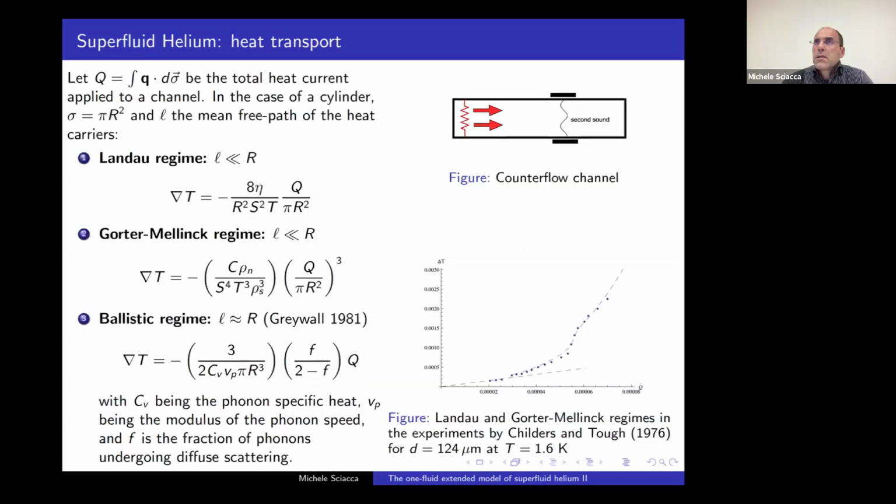Just to go back in the past, in the last century, there were experiments made in a channel. In this channel, on the top right, you see a channel with radius r. If you apply a heater from one side, then the heat can flow inside the channel in a helium bath.